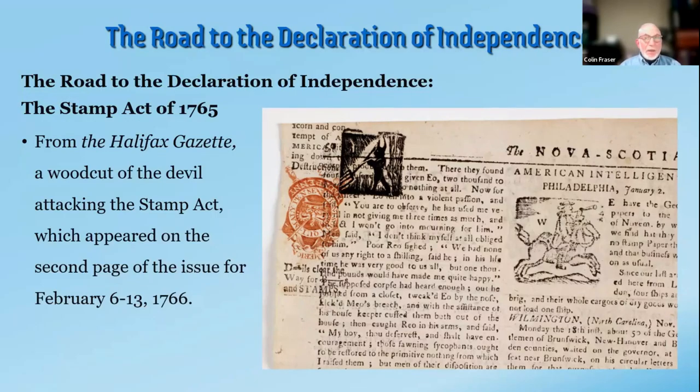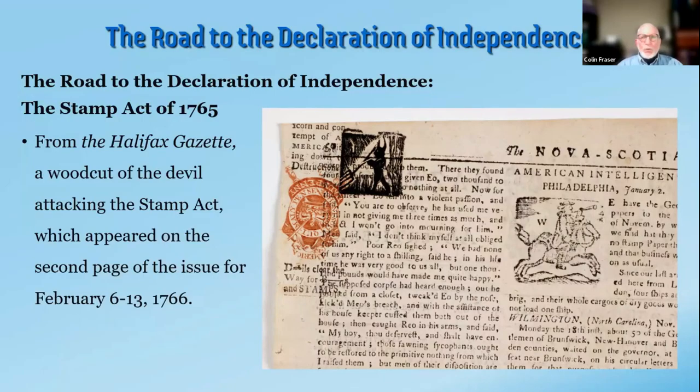And if you notice, that stamp is upside down. What the printer did, because normally the stamp would be in the lower right corner, he turned the sheet of paper upside down when he printed the newspaper, just to rub it in a bit and show his dissatisfaction.